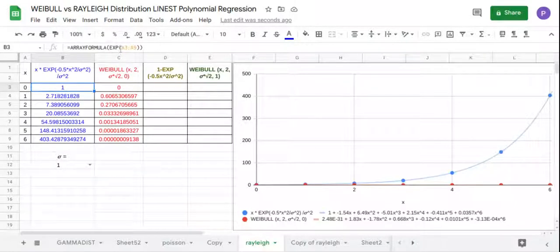So minus 0.5 times x, squared, raised to the power 2, divided by sigma squared.